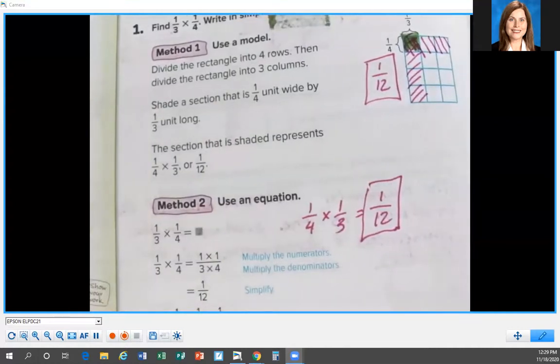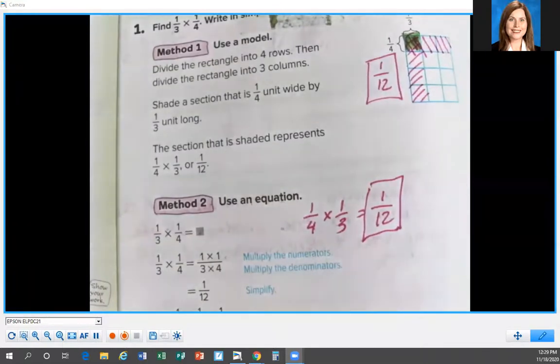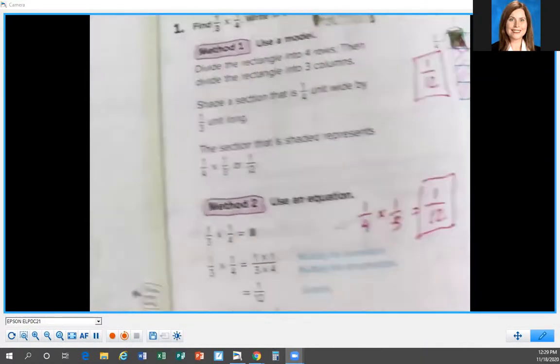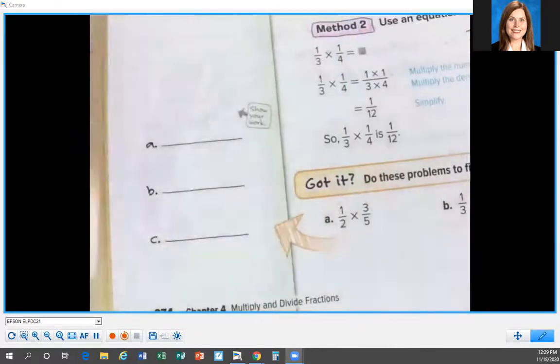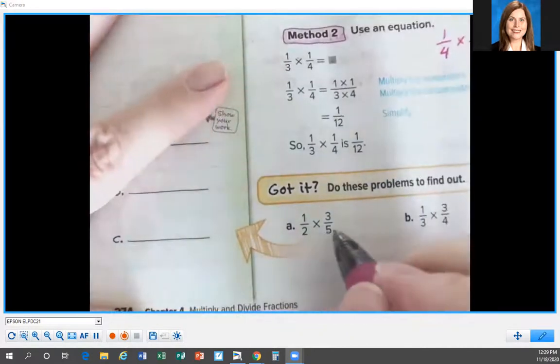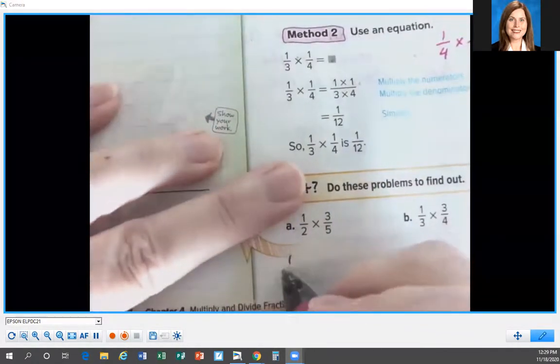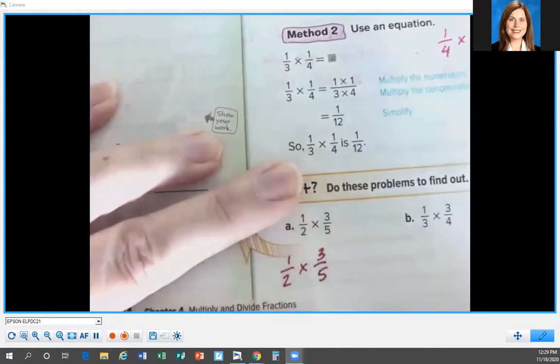Let's work on the bottom of page 274 and do some more examples together. Do examples A, B, and C. Okay, example A, we have 1/2 times 3/5.